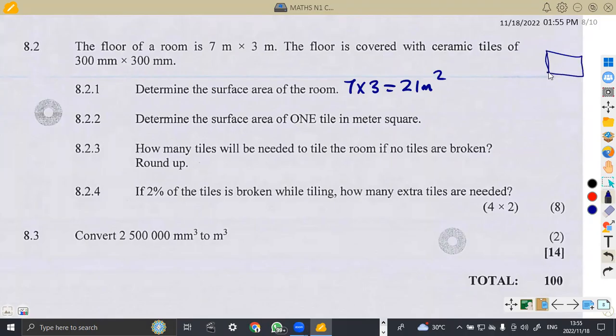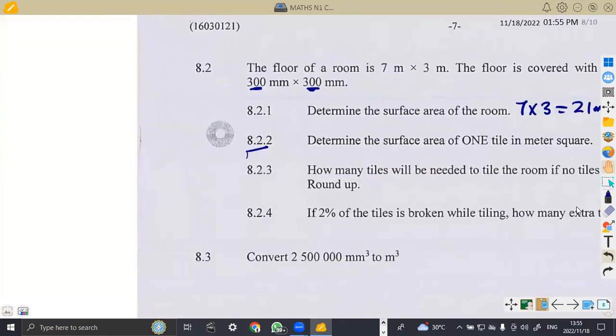It's a rectangular shape. Then 8.2, to determine the surface area of one tile in meter square. There we are being told to answer in square meters. These are millimeters, so we're supposed to convert them to meters. Area we're supposed to just multiply, but we are told now the units to use, square meters.